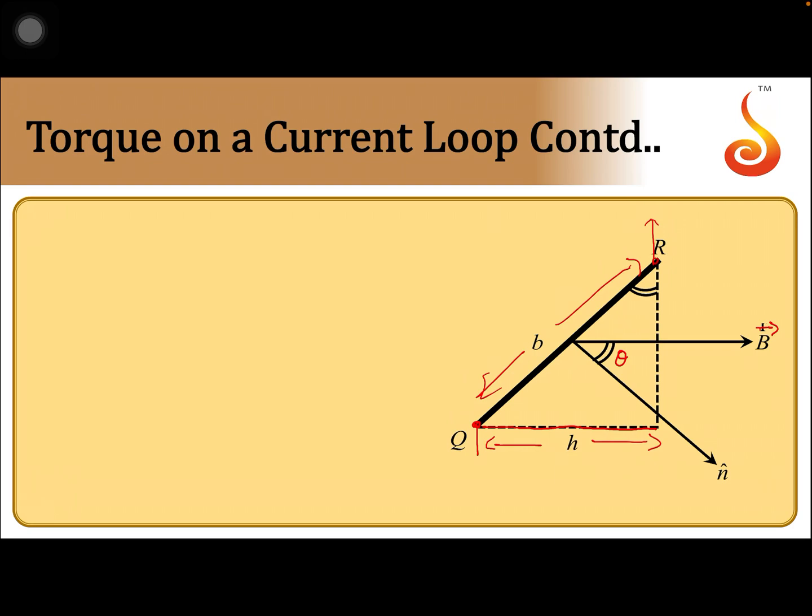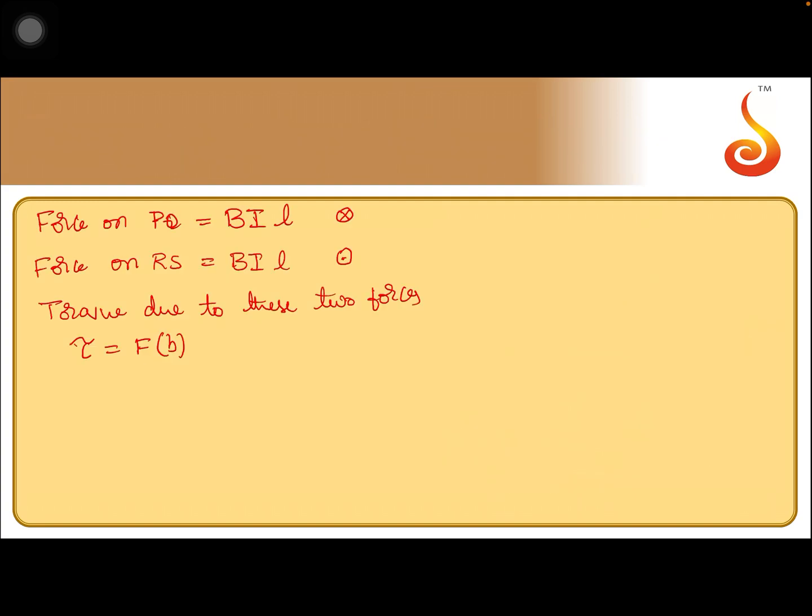Right? So from this triangle, if this is theta, then this will also be theta. Then what do we get? h is equal to b sin theta. So what happens to this equation? It will not be just b, it will be b sin theta.